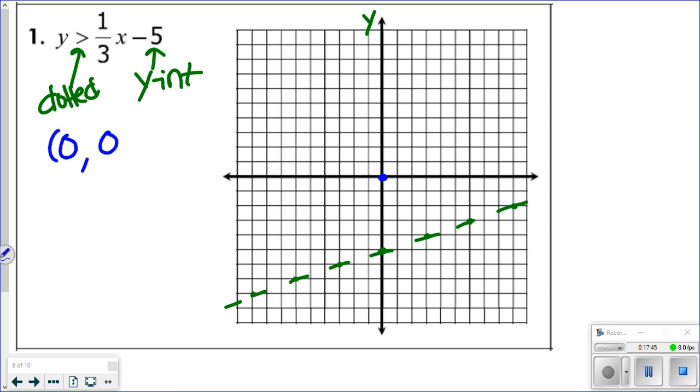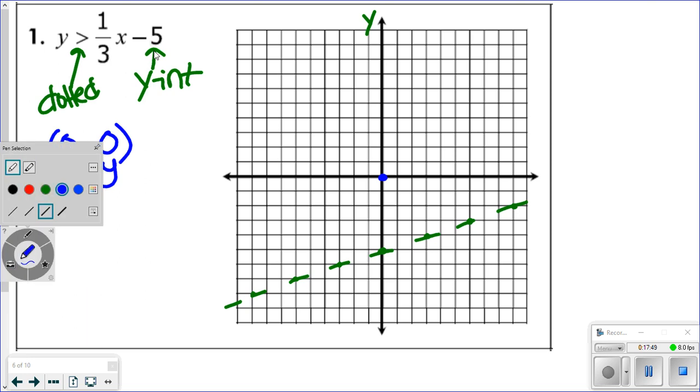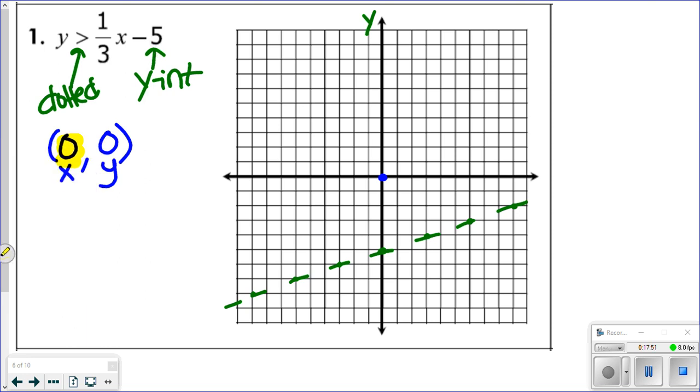So 0, 0, this is x and y. So think about substituting in 0 for x and 0 for y. So if I write that out, it's 0 is greater than 1/3 times 0 minus 5.